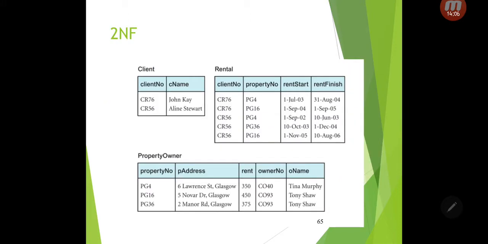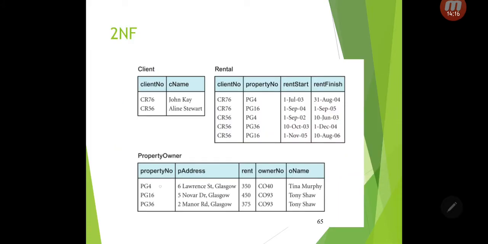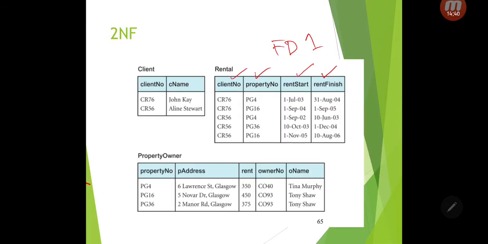Okay, FD1 client number, property number, determine rent start and rent finish. This is the FD1. FD2 client number, determine client name.